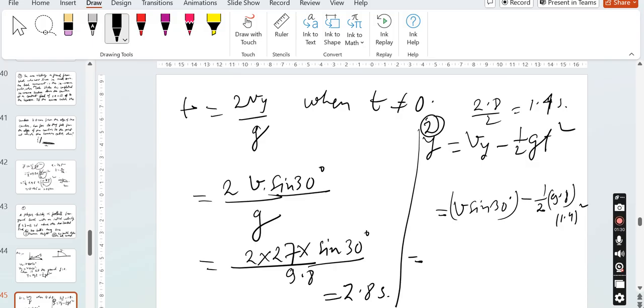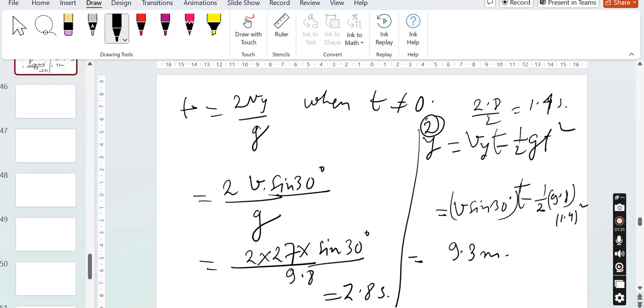If you put in all those values, it will be 9.3 meters.